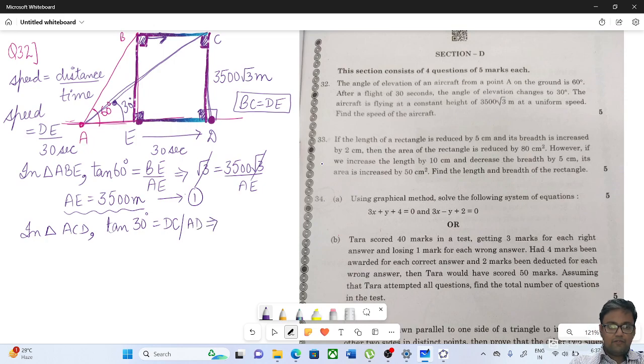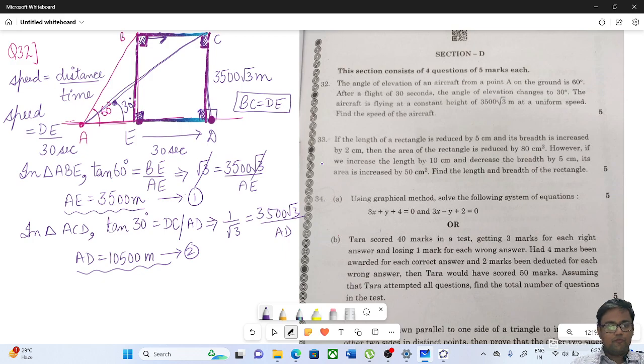It further implies that 1 by root 3 will give you DC, that is 3500 root 3, upon AD. After cross multiplication, AD is 10,500 meters. This will be the second equation.